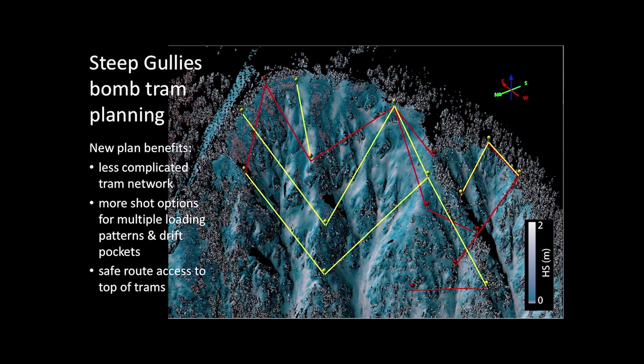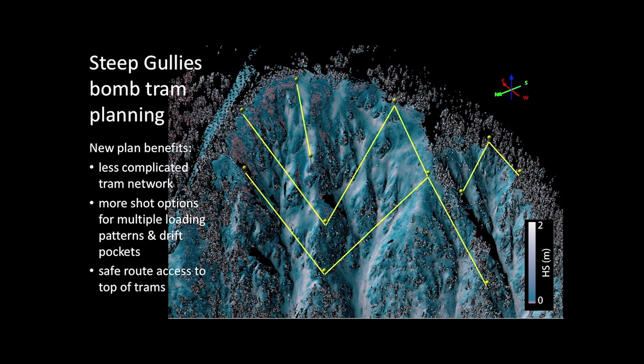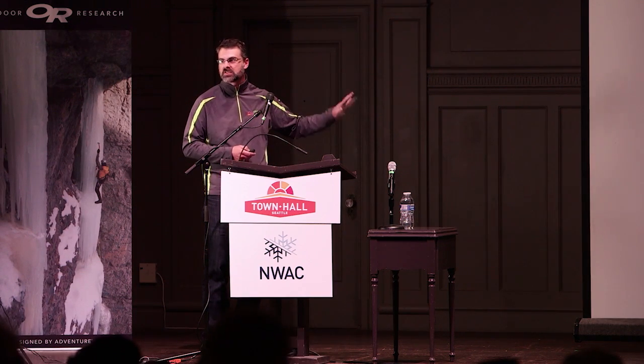Additionally, safe access to the top of all of those that mesh with existing routes over here at the existing ski area boundary. So we're pretty excited about now the opportunity to go forward, install this network, and then be able to test it in future years and use this same tool to start looking at the effectiveness of it.